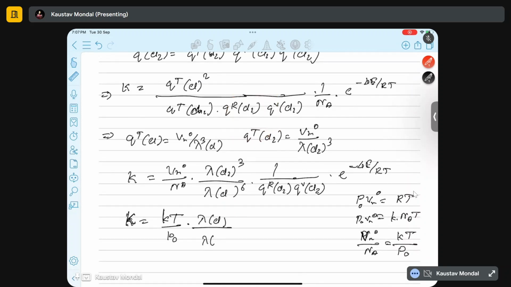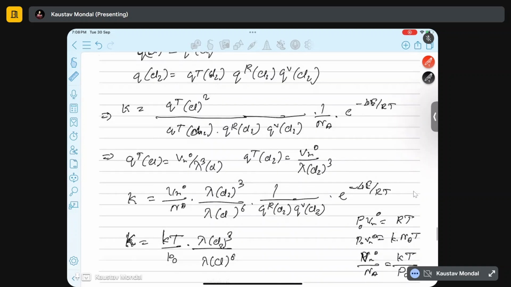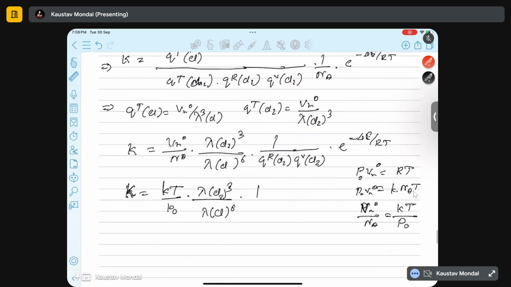It should be CL. Lambda CL2 multiplied by lambda CL divided by 6 into 1 by QR CL2 QV CL2 into e to the power delta U by RT.